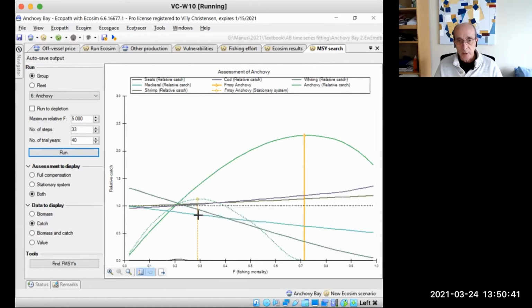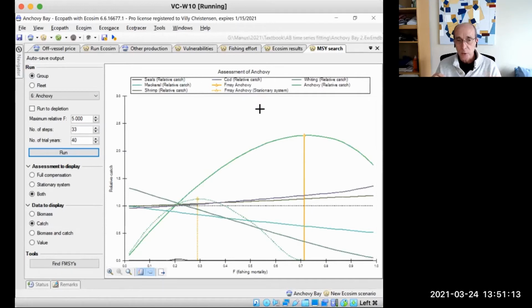This is another estimate of fish mortality for anchovy, but it's based on what we call a stationary system. When we run this, it's basically a single species analysis. Yes, we're running the ecosystem model the same way, but we do not take into consideration the impact that this has on the predator and prey of the group.